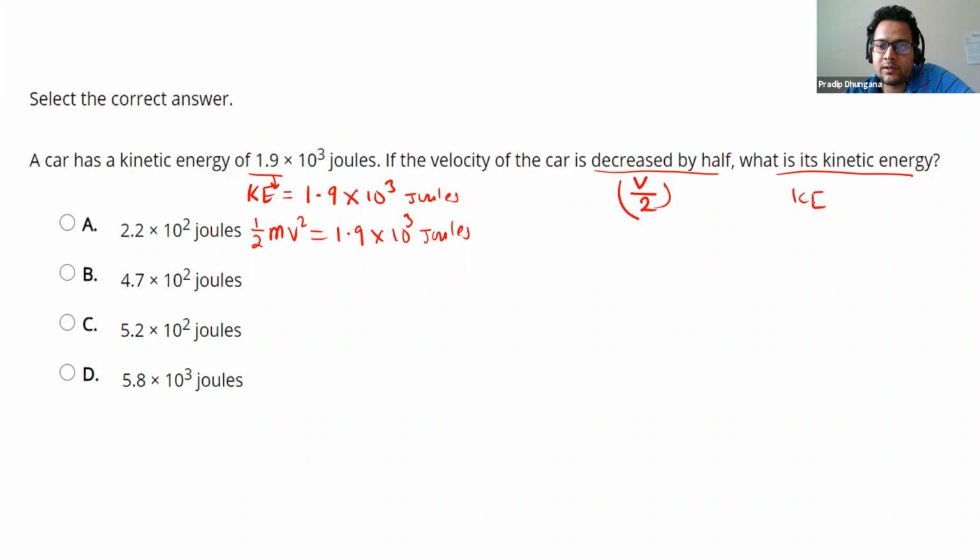Now we have to calculate the new kinetic energy. Use 1/2 mass times the decreased velocity squared. We launch the poll again, and I'll give you around 1 minute to answer this question.